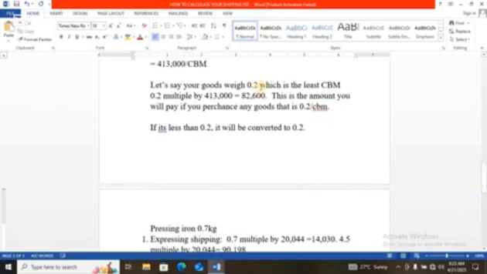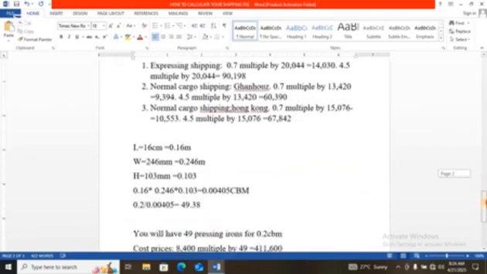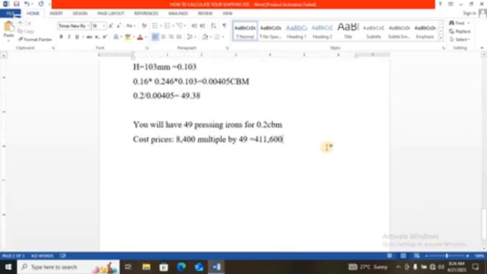Remember we did our calculation. The cbm here is 82,600. So you now plus it. You now say plus 82,600 equals to 494,200. So this is the amount it will take you to ship 0.2 cbm pressing iron, the one in the pre-order group.